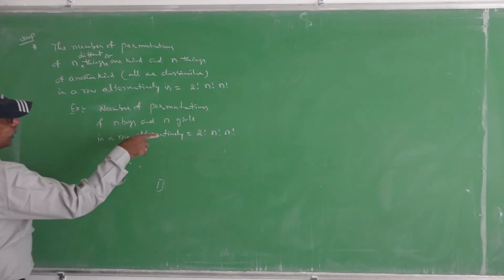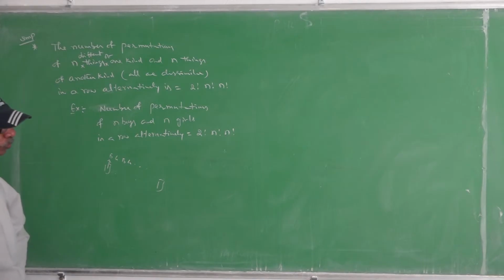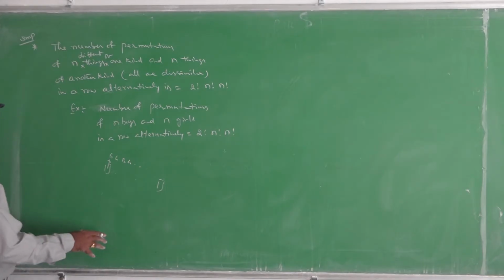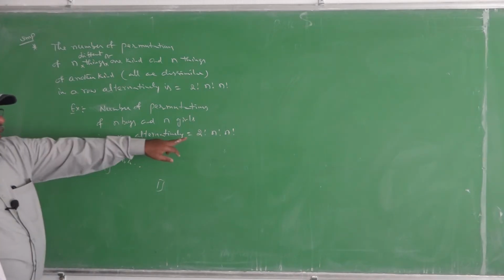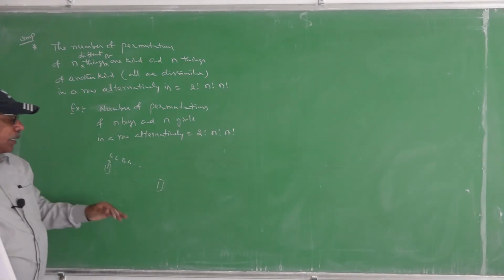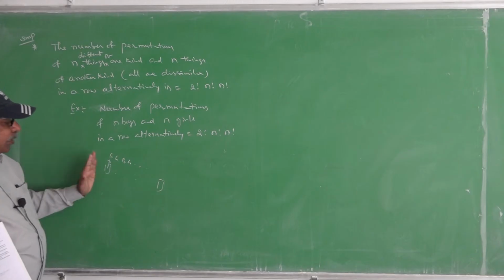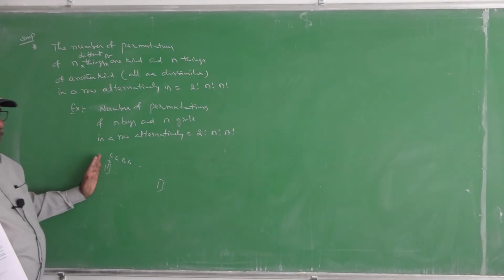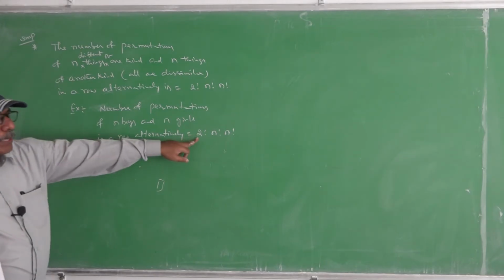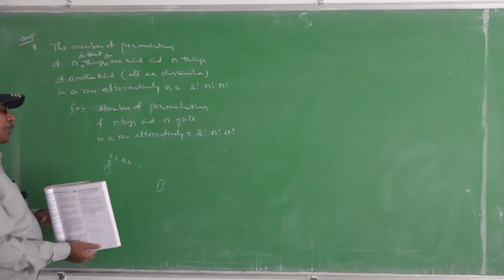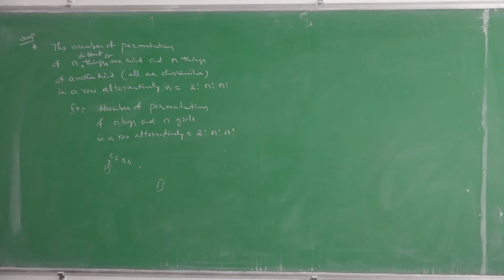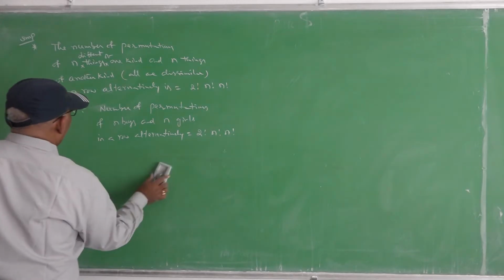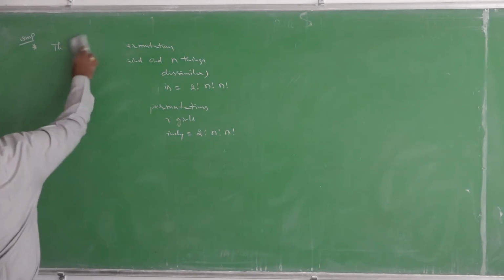That can be possible in n factorial ways into n factorial ways. You do not get 2 factorial because once you specify the initial one as boy, you do not get 2 factorial. That is to be observed here. This is one important point.